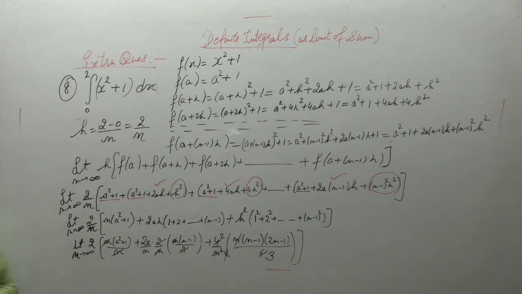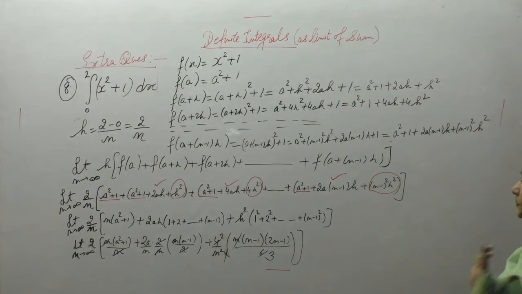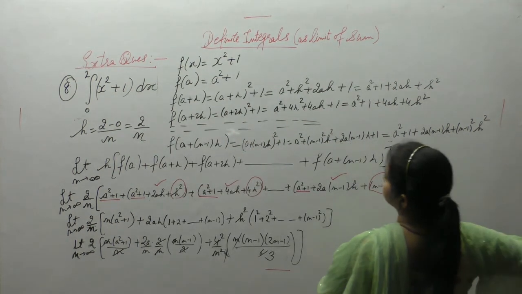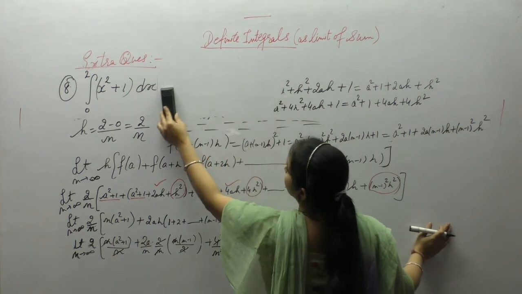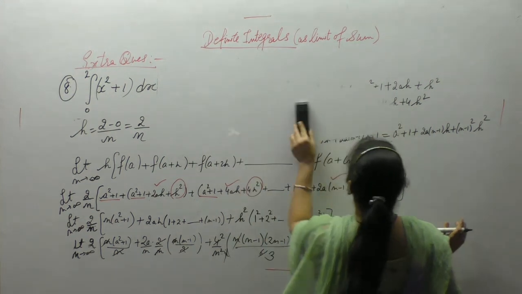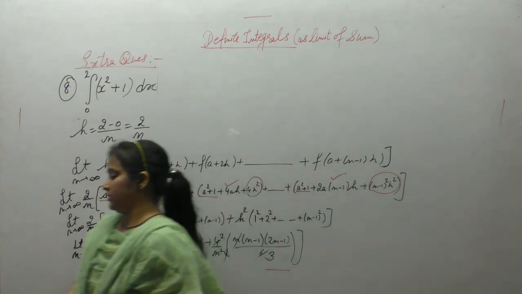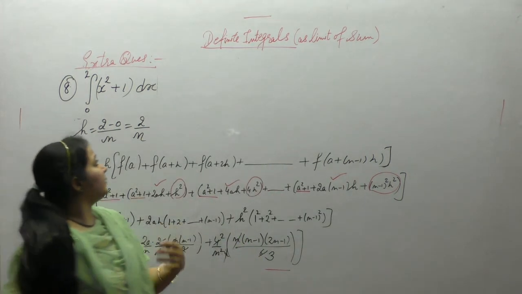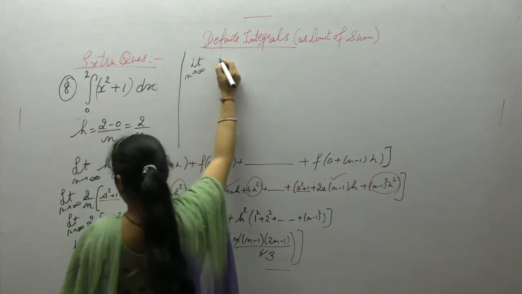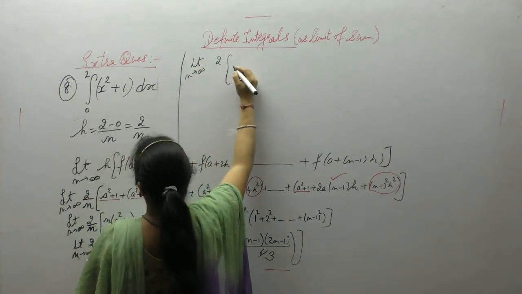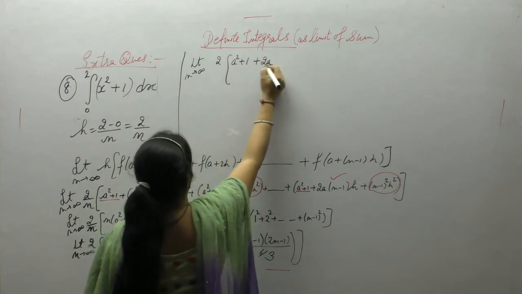Now the next is, now limit n tends to infinity, 2 a square plus 1 plus 2a by n.